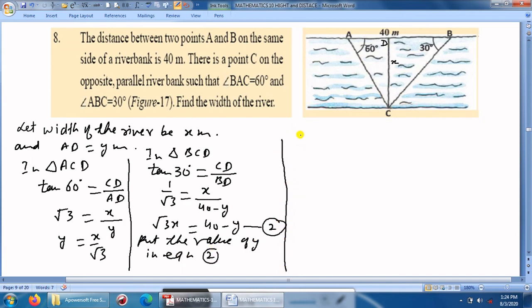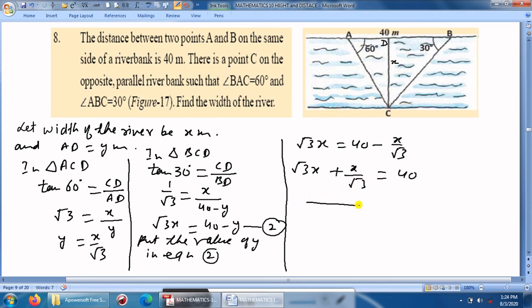We can see here, root 3 of x is equal to 40 minus x upon root 3. Now transfer to left hand side. It is root 3 of x plus x upon root 3 is equal to 40.